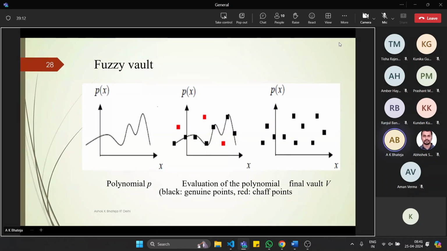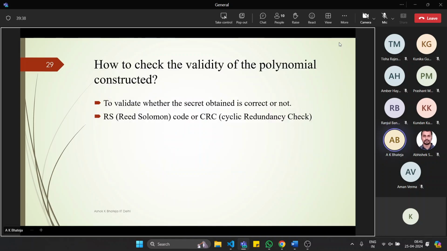So we are communicating this V. So the cryptanalyst or the interceptor may be having this V. So only V is given, then it is not possible, unless you have the biometrics, to find out this polynomial or to find out the secret. This I already explained.